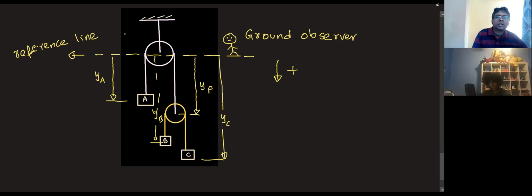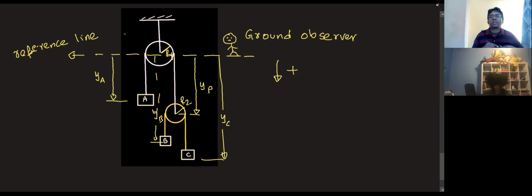To do that, we need a little additional information. We are assuming the pulleys are circular, and the radius of the upper pulley is R1, and the radius of the lower pulley is R2.